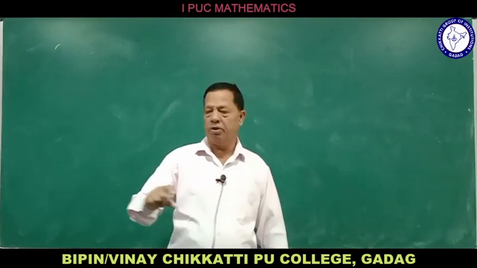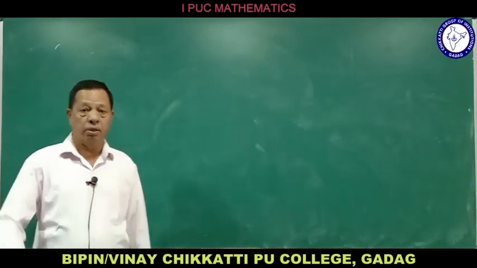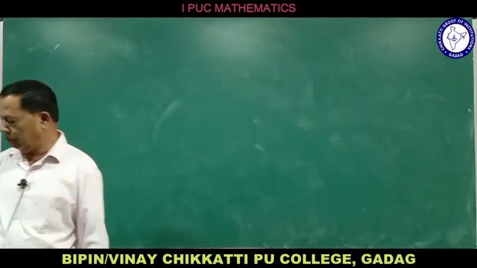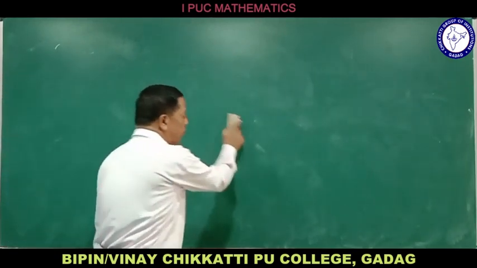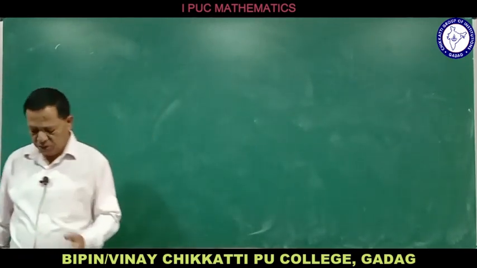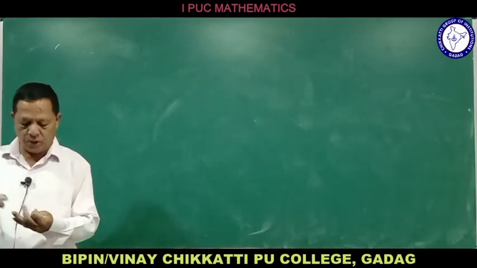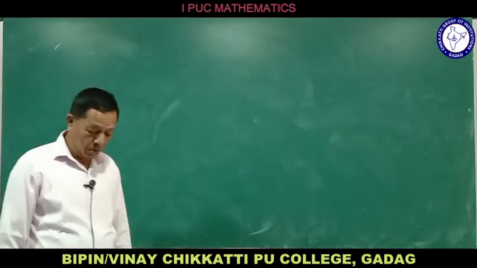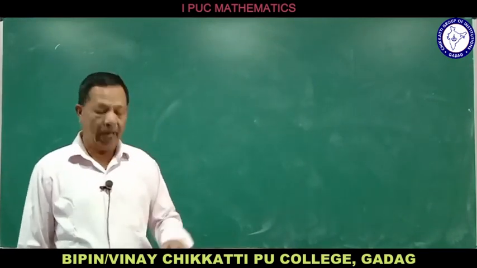The set of all second elements is called the range, and the whole set B is called the codomain. And naturally you can understand that range is a subset of codomain. Whether you say domain, range, or codomain, all these are sets we take.